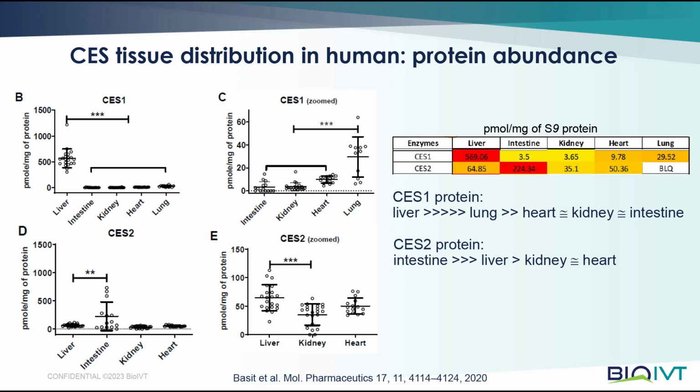And then moving to the intestine, you can see quite a bit more carboxylesterase 2, as I mentioned. There's still a small amount of carboxylesterase 1, and it's also present in other tissues like kidney, lung, and heart. So there is a good correlation, though, between the mRNA and protein expression.